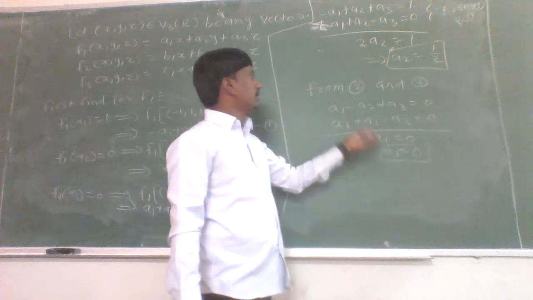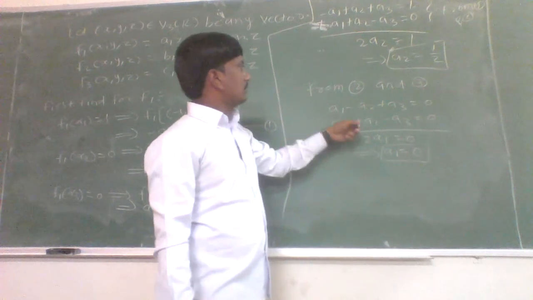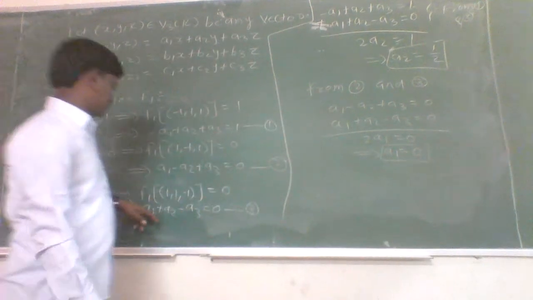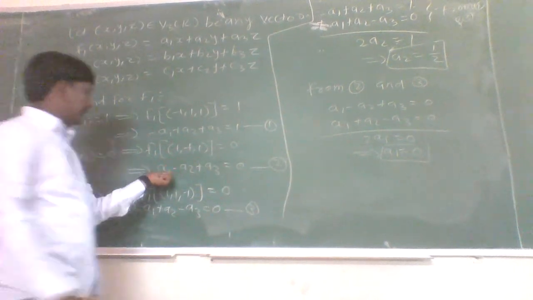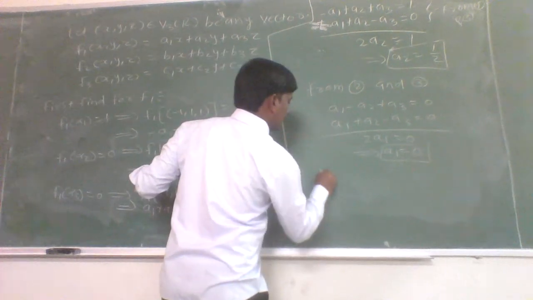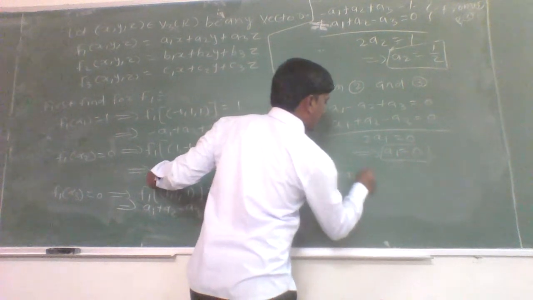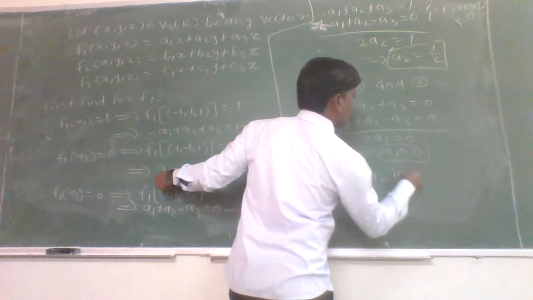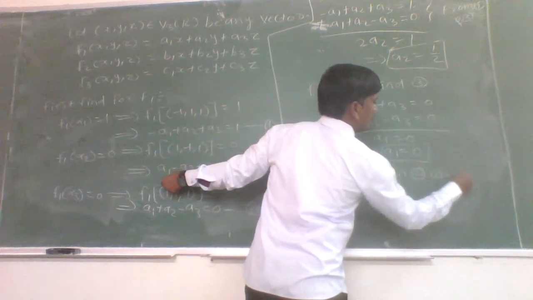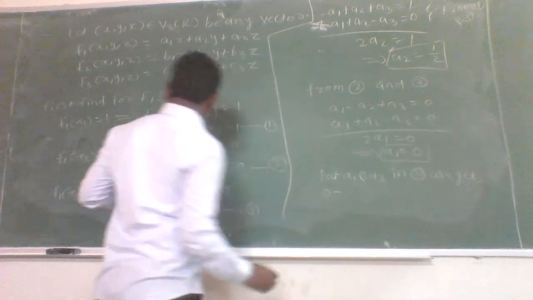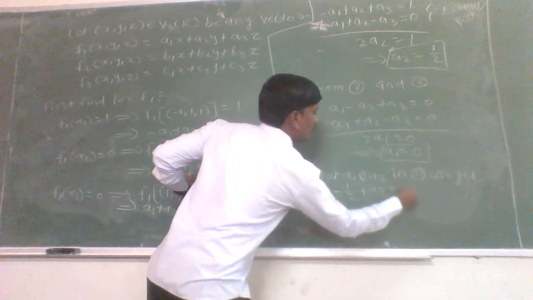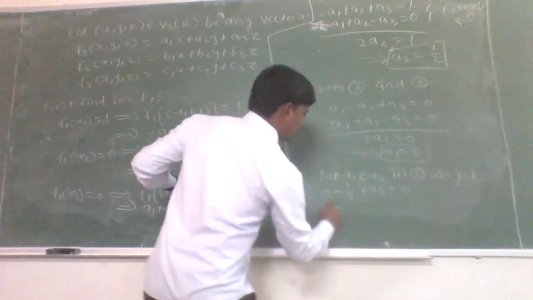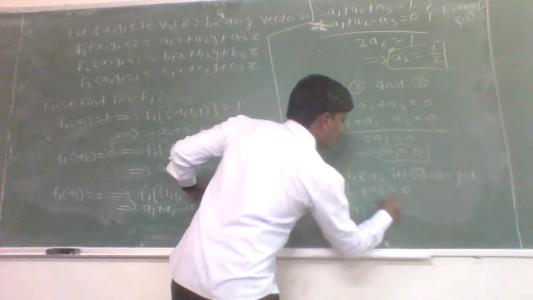Put these values in equation 2. Then we get, put A1 and A2 in 2, we get A1 is 0 minus A2 is 1 by 2 plus A3 is equal to 0, which implies A3 is also 1 by 2.